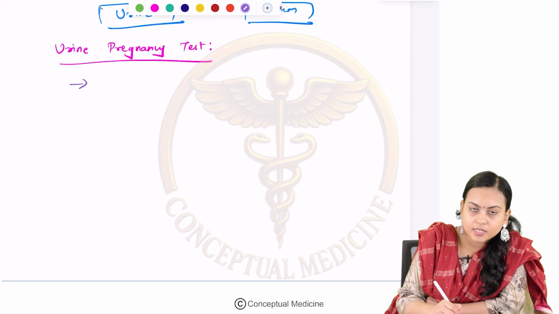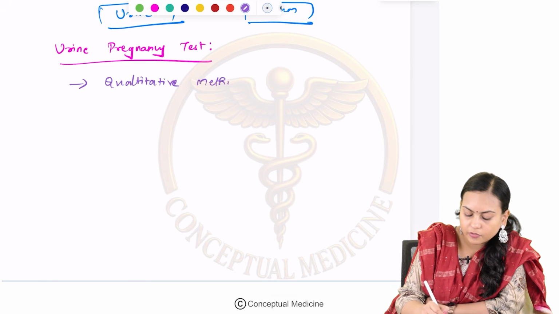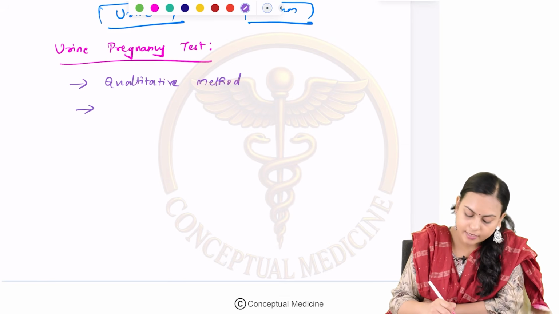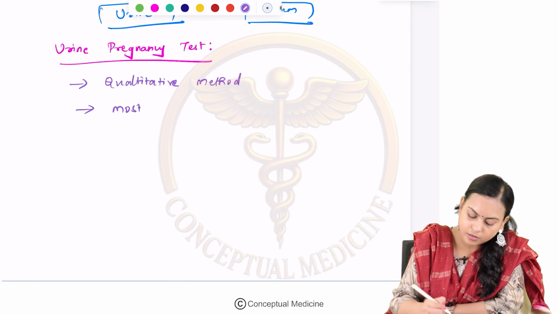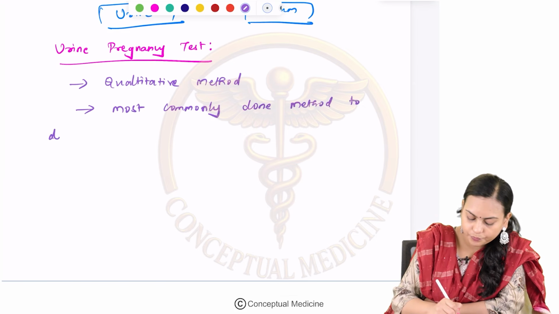So, this is a qualitative method of testing HCG hormone, and it is the most commonly done method to diagnose pregnancy.